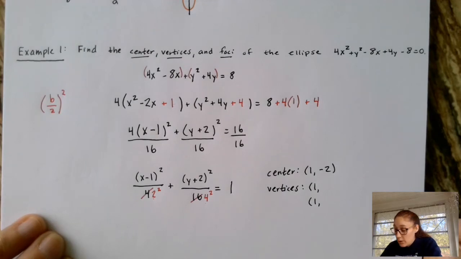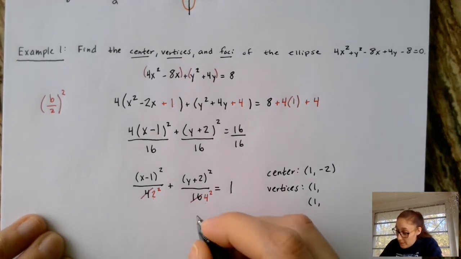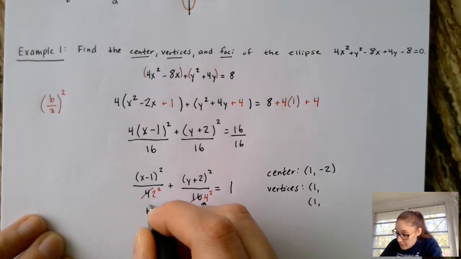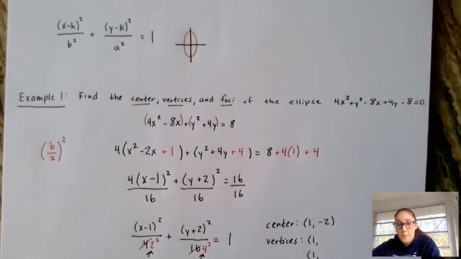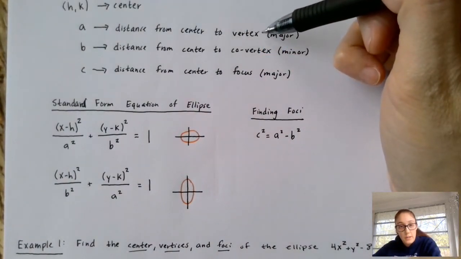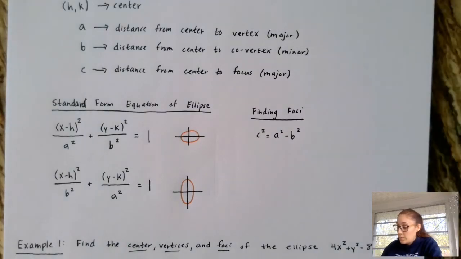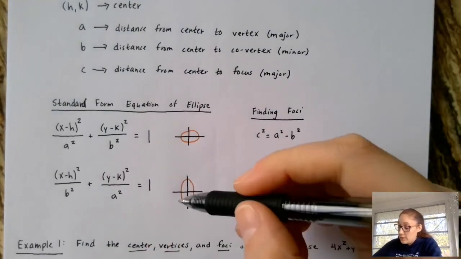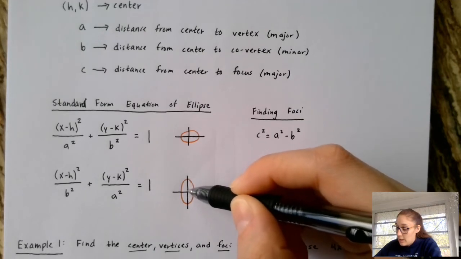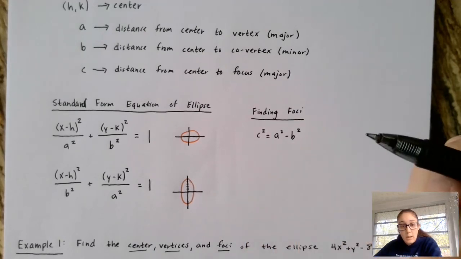So remember that because this is A and this is B, A is the distance from the center to each vertex. Okay? So it's basically half of the major axis, from the center to the vertex. If I want to find this coordinate, I just need to add however many units exist in between here.